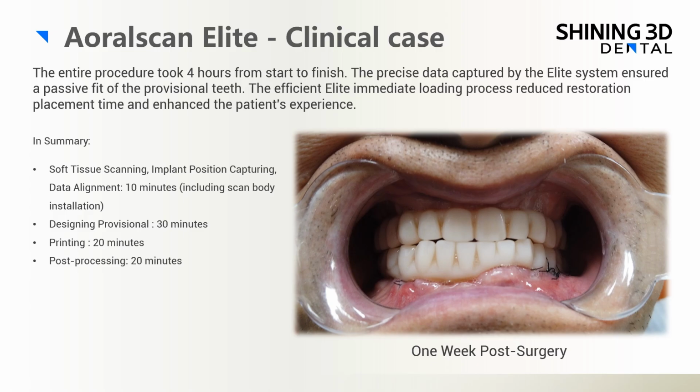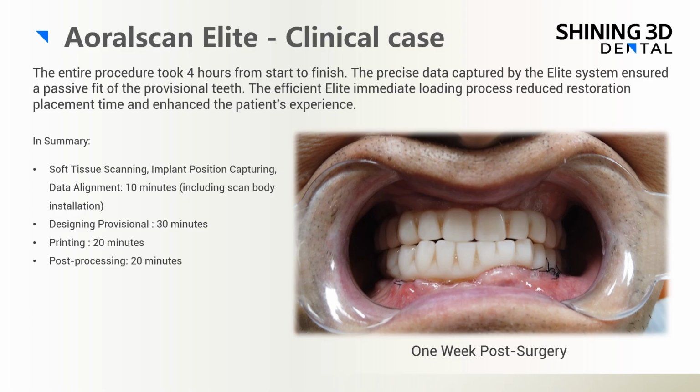As you can tell from the summary part, it shows the time we spend on different steps. Soft tissue scanning, implant position capturing, and data alignment altogether cost 10 minutes, including the scan body installation. The designing of provisionals on the lab side costs 30 minutes.